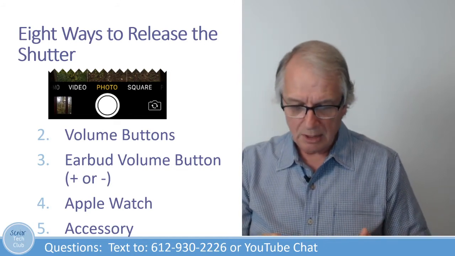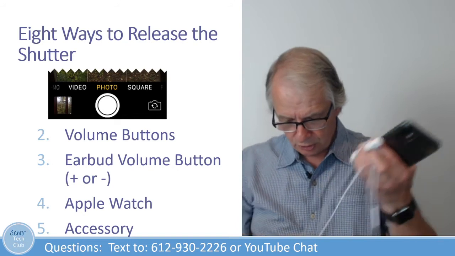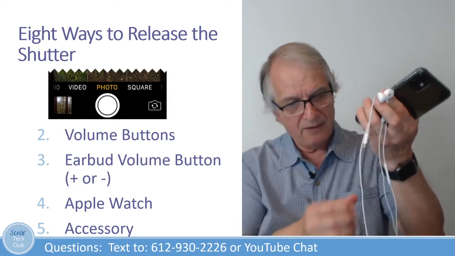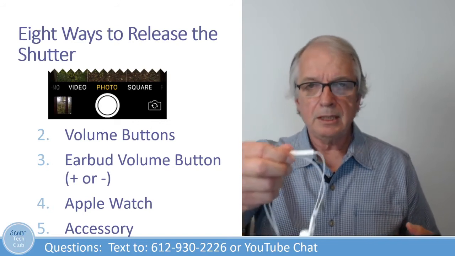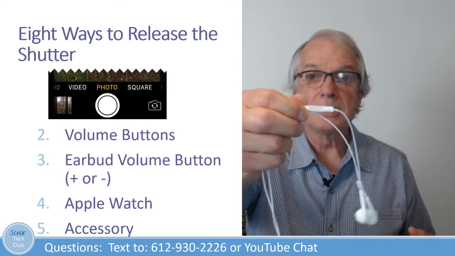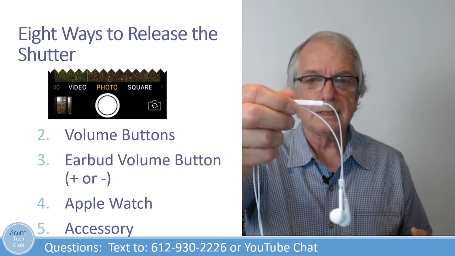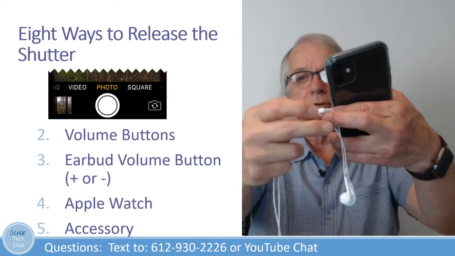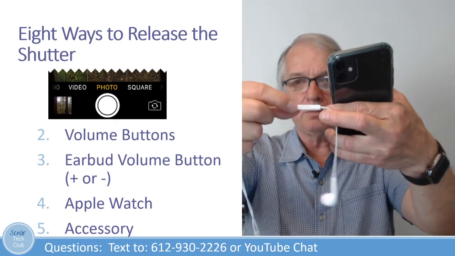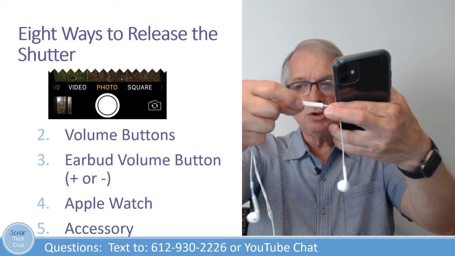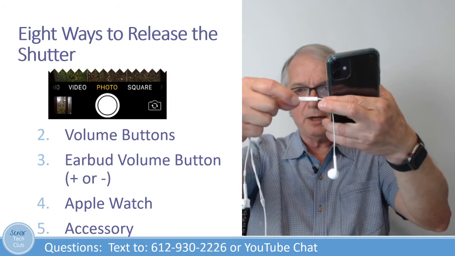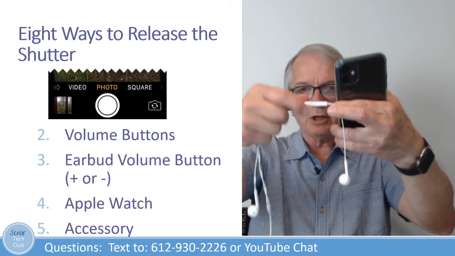Well, it turns out that you can also use the volume indicators on the earbuds in order to release the shutter. And so here you have this little microphone block on the earbuds, and you've got a plus and a minus sign. You can use that to depress the shutter.